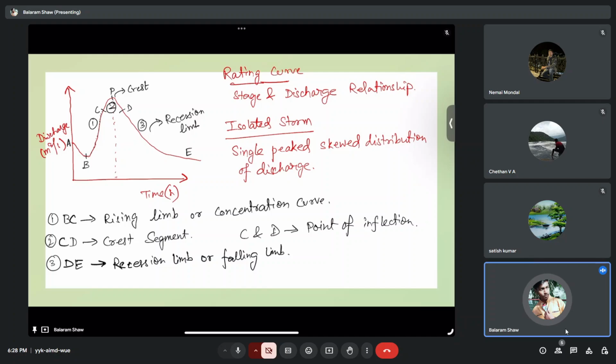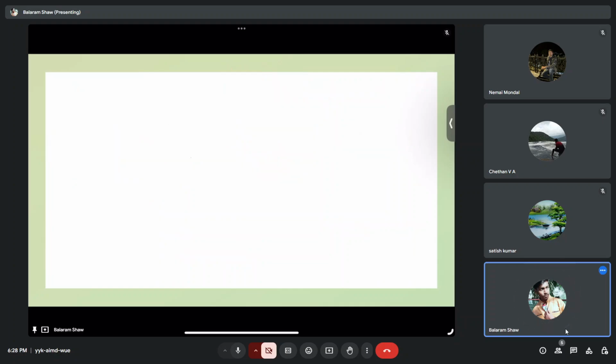Will it depend on the rainfall characteristics? It will not depend on the rainfall characteristics, right? Why? Because rainfall has stopped, so there is no point of rainfall here. So only based on the basin characteristics. I'll write that again here. The recession limb is independent of rainfall characteristics.